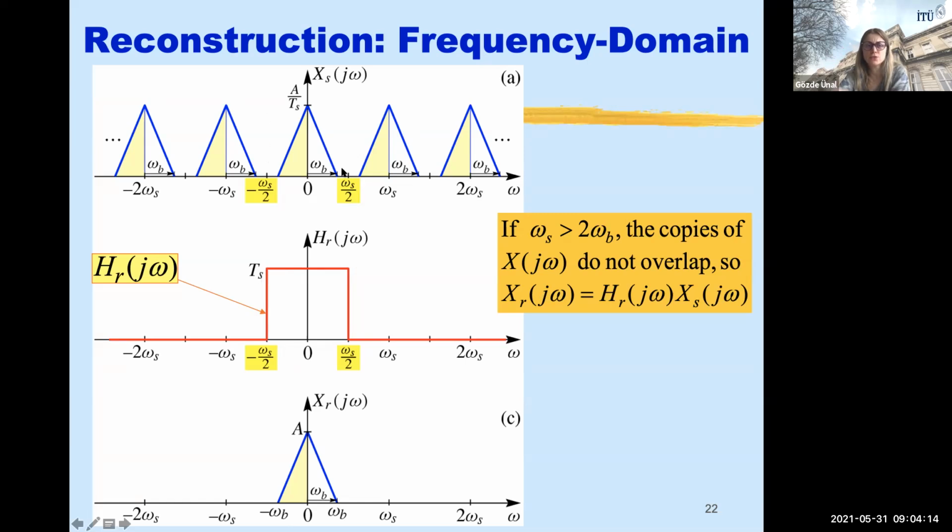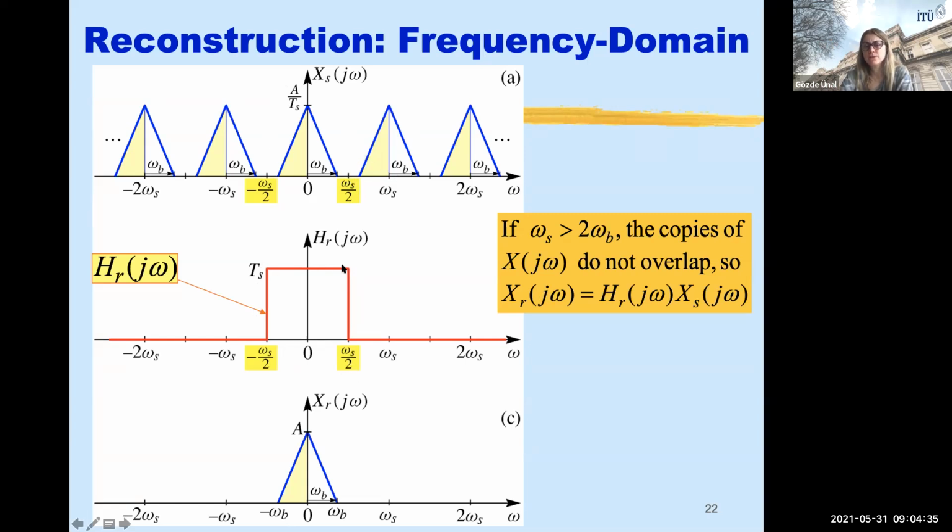We are trying to really extract this part of the spectrum. We are successful. Let's pick, for instance, the cutoff frequency to be half of the sampling frequency, which happens to be in the center of the two copies of the spectrum, which is good.